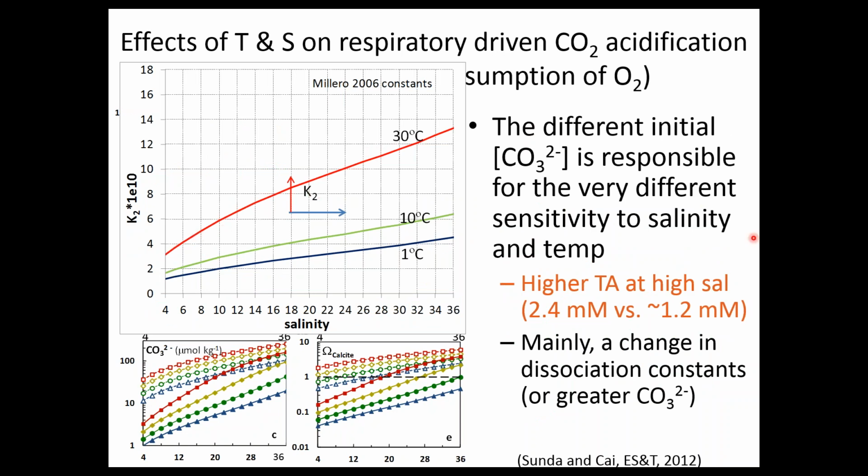That is the dissociation constant of carbonic acid, K2, as a function of salinity and temperature. And that leads to a much weaker buffer capacity and lower carbonate concentration in the low salinity and low temperature water.